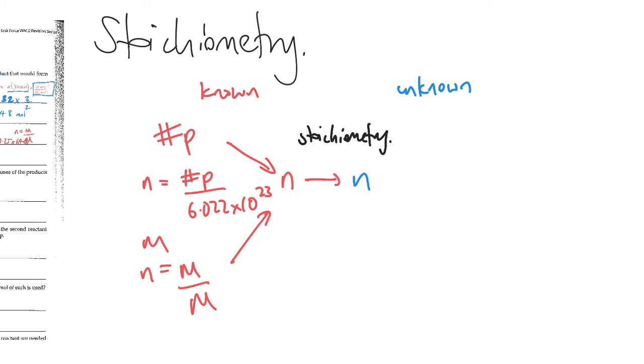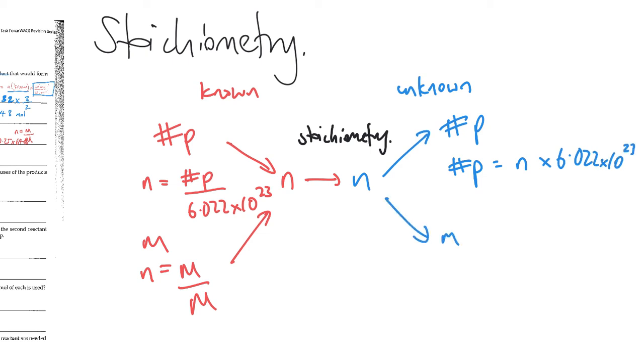All right? And then once you've gotten the number of moles of your known, you can work out via stoichiometry the number of moles of your unknown. And then you can work out the number of particles if you wanted to. The number of particles is equal to the number of moles times Avogadro's number. Or you could work out the mass of something, because then the mass is equal to the number of moles times the molar mass.